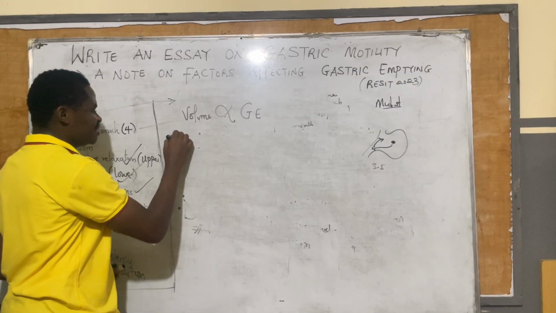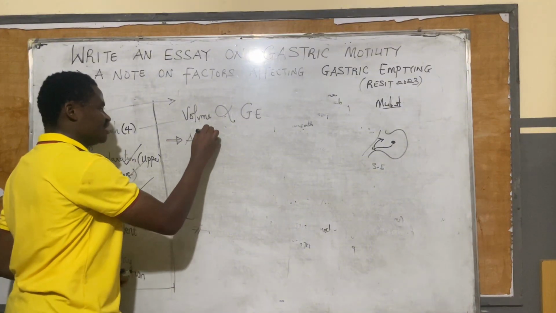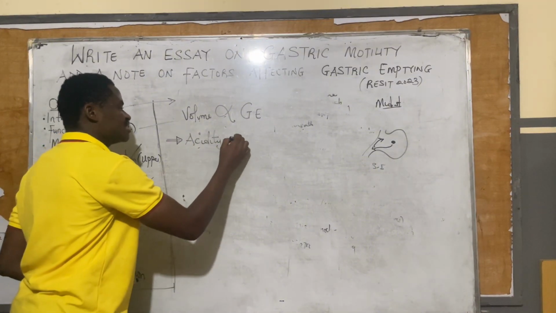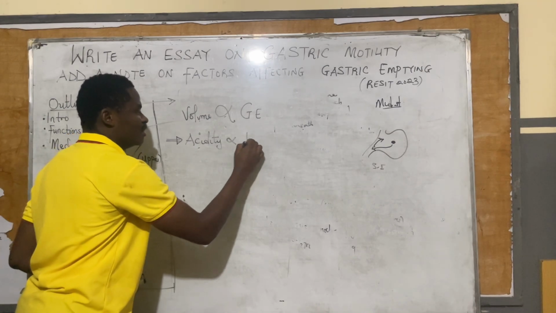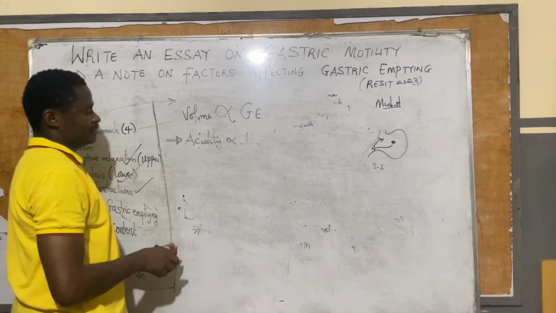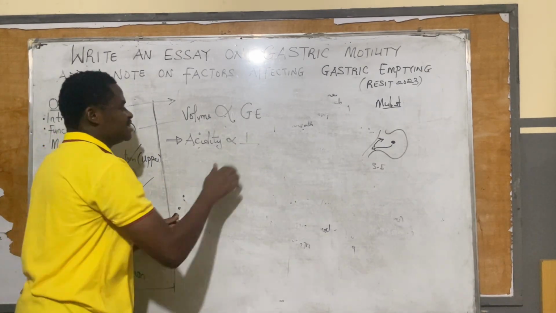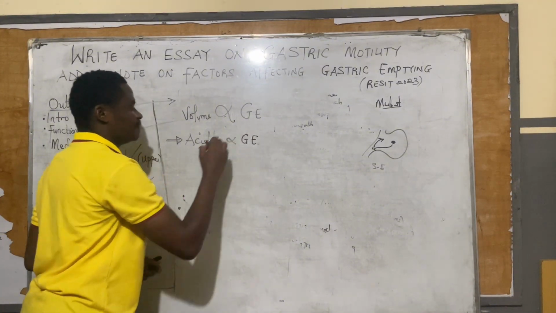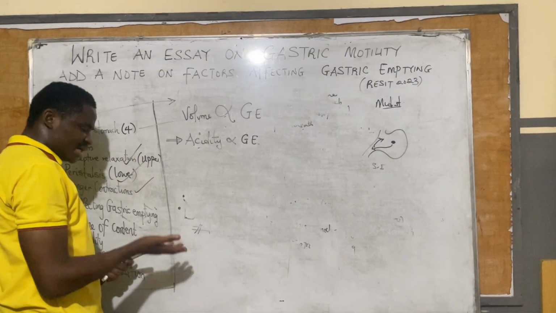Now, for acidity, remember, acidity should be inversely related to gastric emptying. I think it should be directly proportional to gastric emptying. Let me explain what I'm saying.